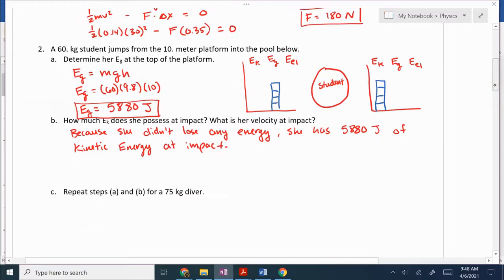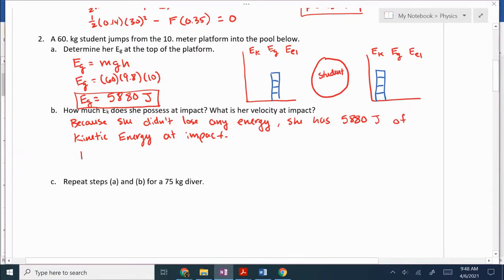To do that, you can just set 1/2 mv squared equal to 5,880 and divide by 30.